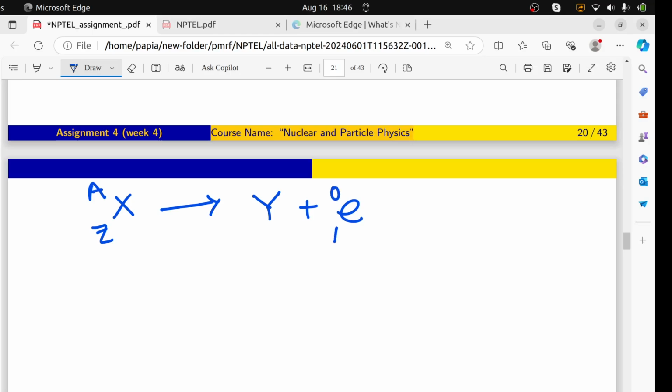If it is Z, A, then obviously it should be A for Y. Now what will be the Z value of Y?